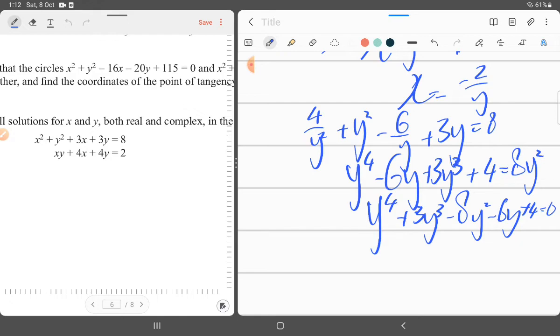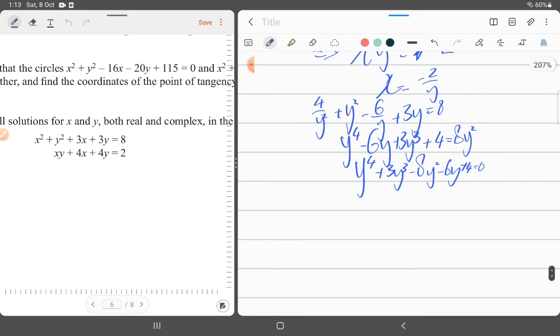Oh no, 4 plus 3 plus negative 8 plus negative 6 plus 4, which creates y equals 2 or negative 1.